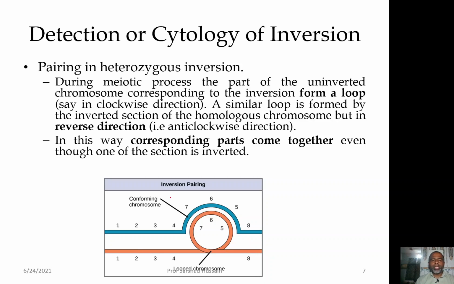If the inverted chromosome has a clockwise loop, the other will go anti-clockwise, and vice versa, in order to match the corresponding part, because pairing is exact. So, when you look at the two loops formed by the pair of homologous chromosomes, it means yes, the inversion has taken place.